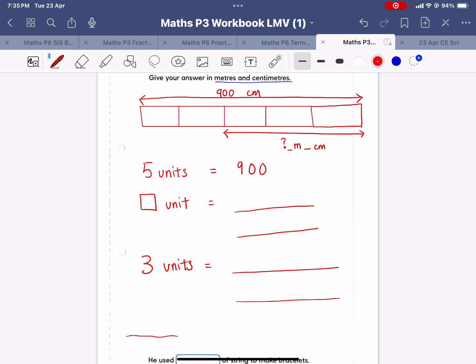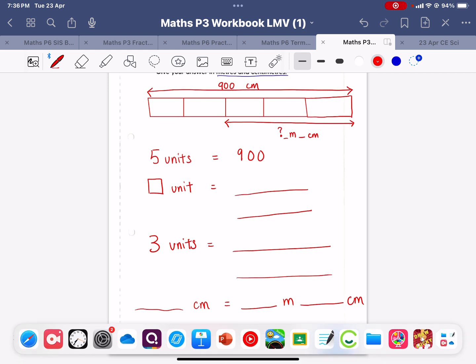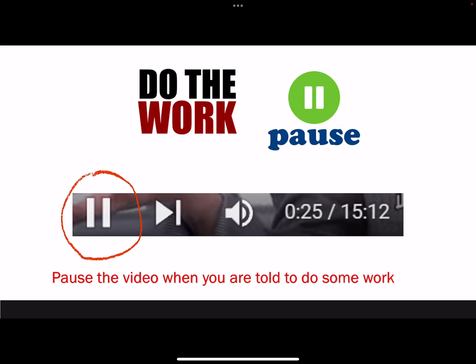So make sure we convert whatever we have found into an answer that shows meters and centimeters. We'll do the same here. We'll now take a little pause for you to continue on your own. It does look like we need a long division over here as well. So take this time to pause the video as you work out the answers to the blanks.